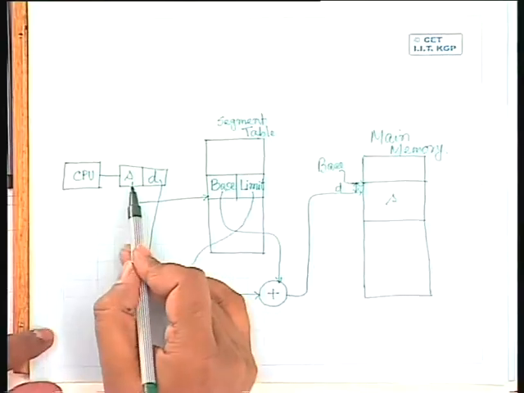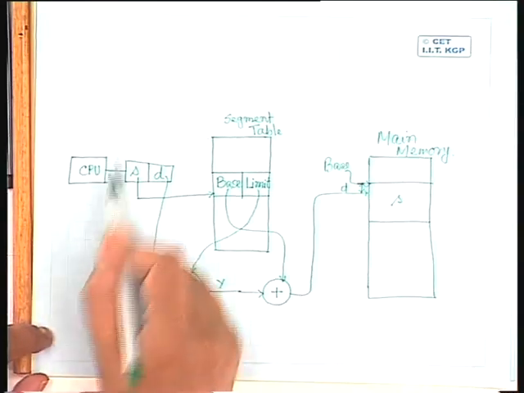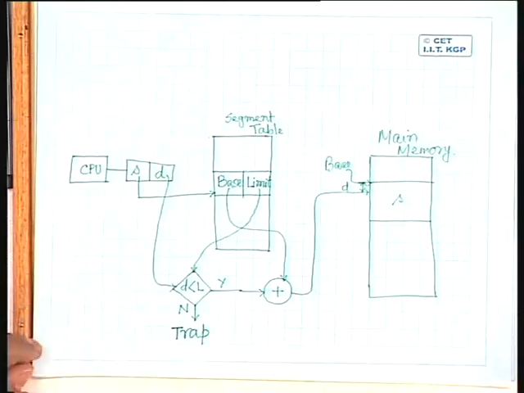But it cannot be that the same function square root is addressed as segment number 0 by the CPU for user program 1 and as segment number 5 for user program 2. That is not possible, because whenever it is square root, the segment number has to be specific. Then only can the CPU generate a unique segment number.